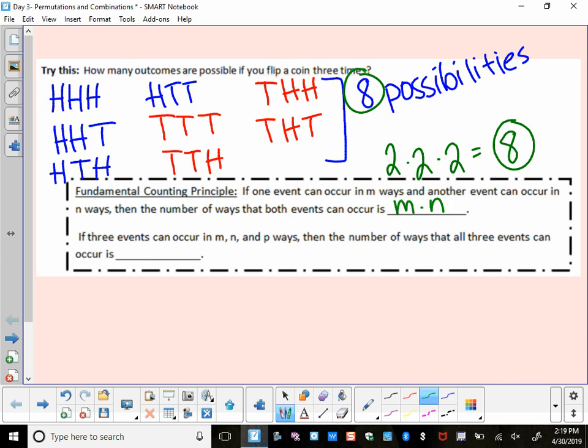If there were 3 events, you would multiply all 3 things: m times n times p. This is not completely new to you guys. You did it in Math 8, which was forever ago, but you've done probability before. All good with this?